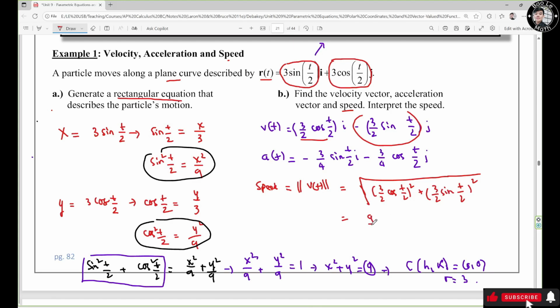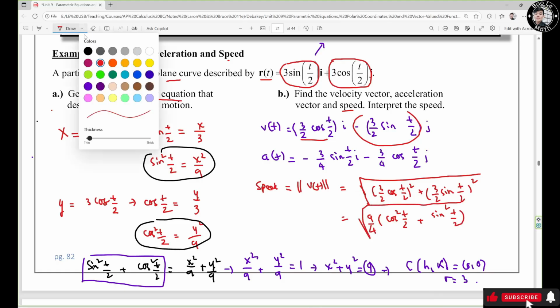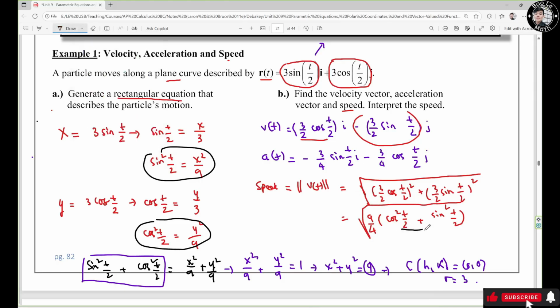I'm going to factor 9 over 4 out, so I have cosine squared of t over 2 plus sine squared of t over 2. Don't forget the square root sign. Now you know that this equals 1, so it's the square root of 9 over 4, and it turns out to be 3 over 2.